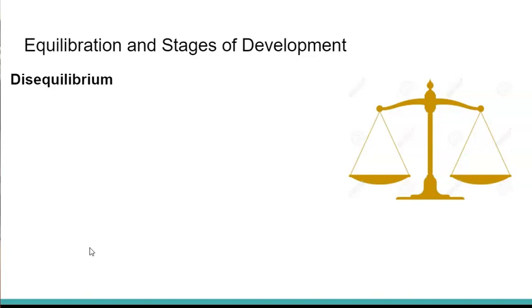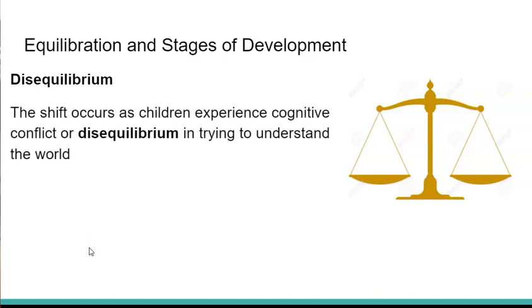With assimilation, we have this new material, but we have mental schemas that may not fit the new information. They may not fit well together. And so when children mature and go through these cognitive development stages, they have cognitive conflict in trying to understand the world around them.